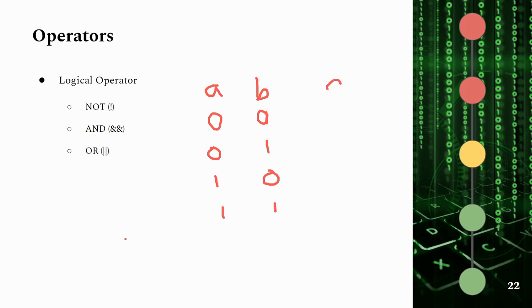When we say A and B, if both are 0, then we get 0. If 0 and 1, we also get 0. When A is 1, B is 0, we again get 0, and when A is 1, B is 1, the output turns into 1. This is how AND operators work.